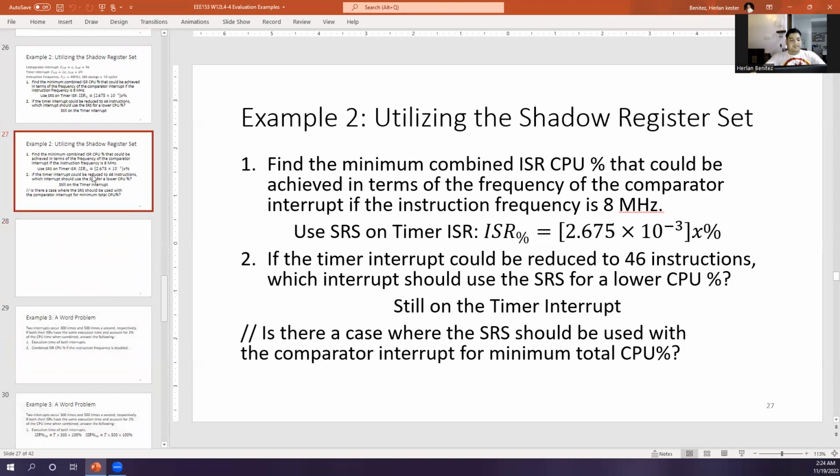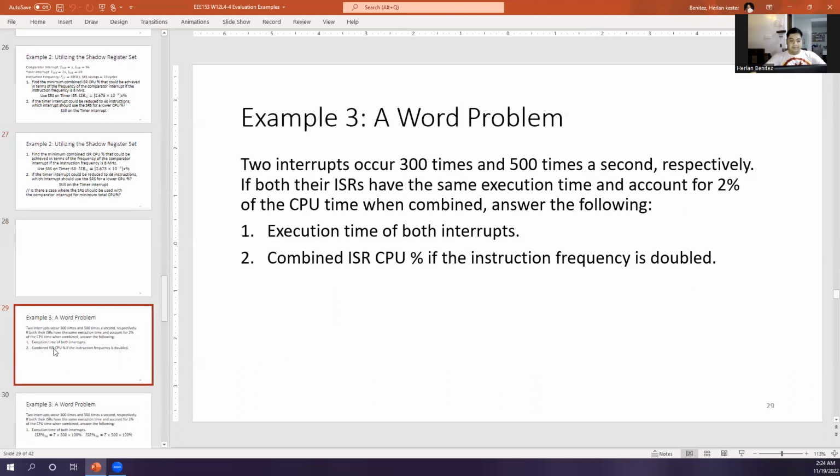So, yeah, for the third example, we have a sort of word problem. So two interrupts occur 300 times and 500 times a second, respectively. If both their ISRs have the same execution time and account for 2% of the CPU time when combined, answer the following.